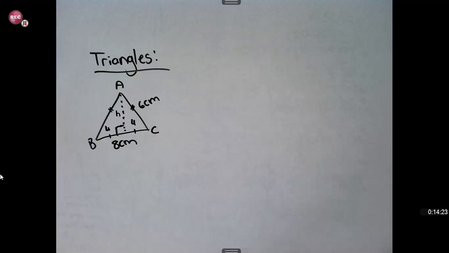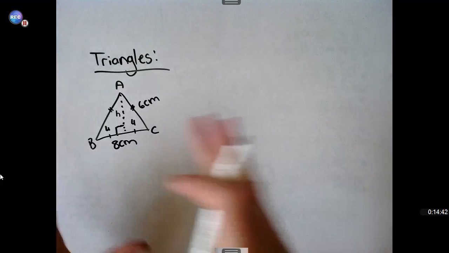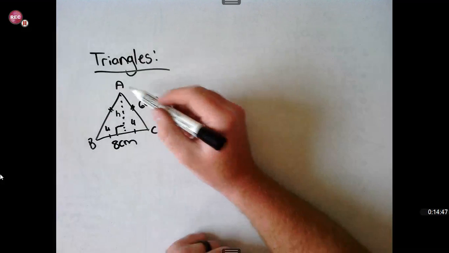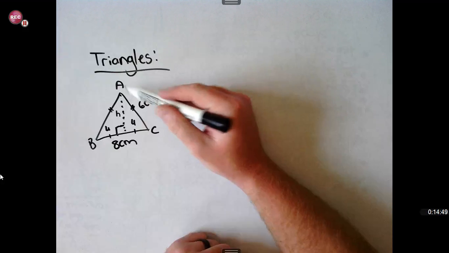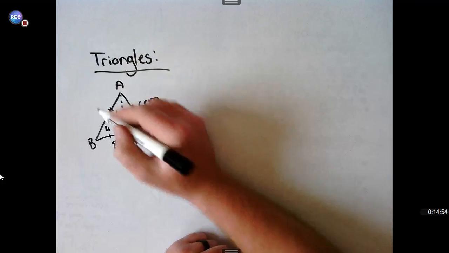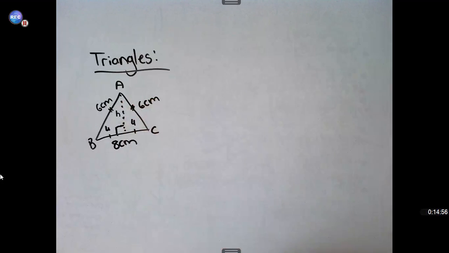Okay, so before we do the perimeter as well as the area, we need to calculate the height of the triangle, because you're going to need the height of the triangle in order to calculate the area of the triangle. So, let's start with the perimeter, and then we'll move on to the area as well as the Pythagoras theorem. Now with this, because AC is 6 and AB is equal to AC, then this side should also be 6 centimeters.